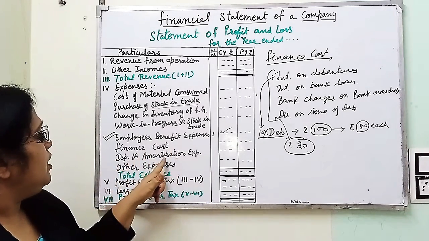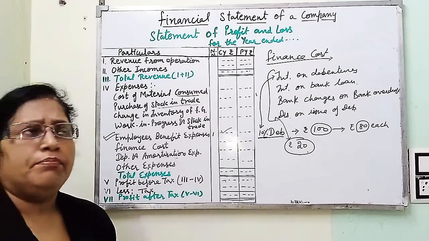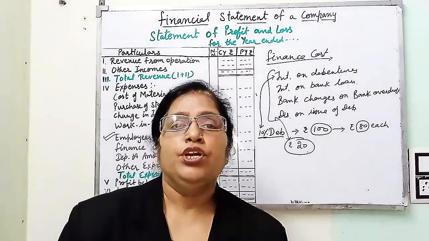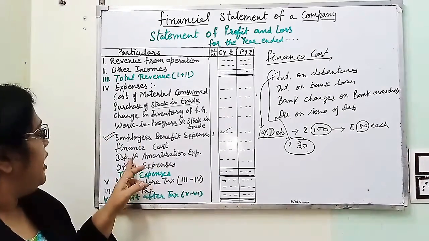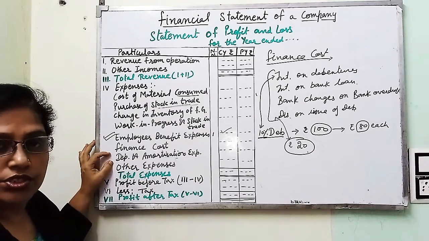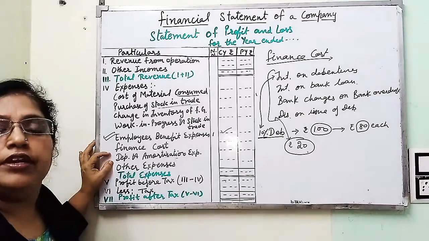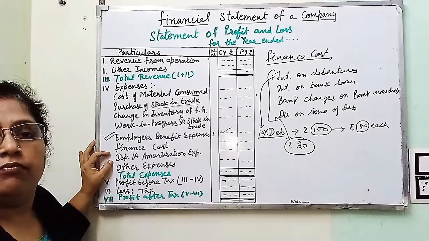Next is depreciation and amortization expenses. I think depreciation you are very well aware. Depreciation is fall in value of assets due to wear and tear and passage of time. If there is any fall in value of fixed assets, then that will be entered in depreciation. We know the method of calculating depreciation: straight line method and diminishing balance method.